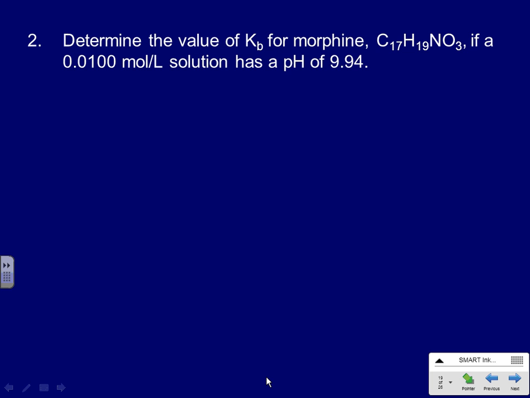So this is that opposite scenario, right? We want to figure out what the KB is. You could memorize that little equation with the square in it, but I would just memorize this. Once you've got the one memorized, you've got the other memorized, and then all you got to do is rearrange and solve.